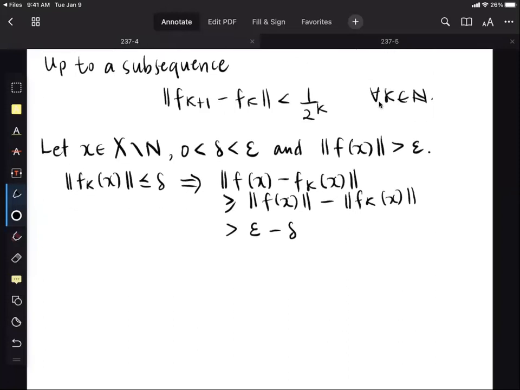Applying the same method as before, computing, we estimate the norm of this difference. Take note that f sub j of x tends to f of x. So we can write this in terms of this limit.